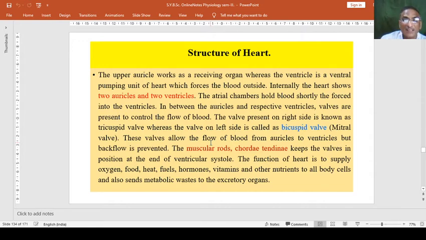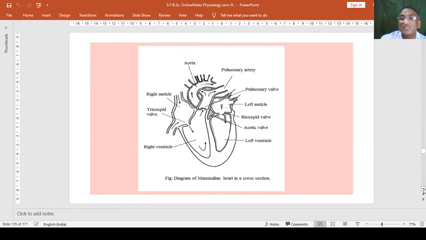Then the heart mainly supplies oxygen, food, heat, fuel, hormones, vitamins, enzymes, nutrients, etc. Everything they provide through the blood to our organs. This is the basic structure of the mammalian heart, and this is the vertical cross section.